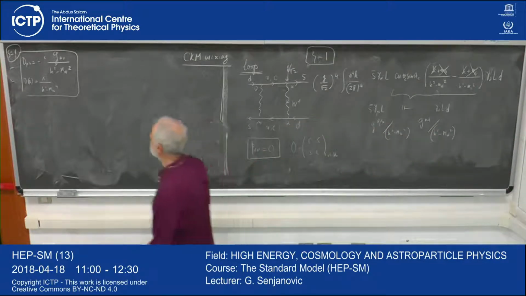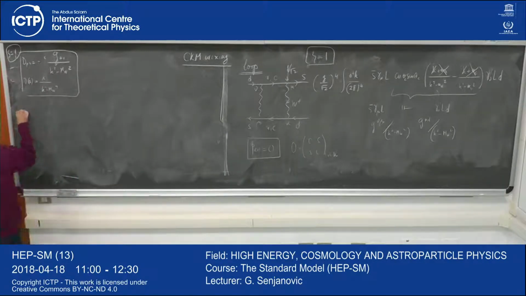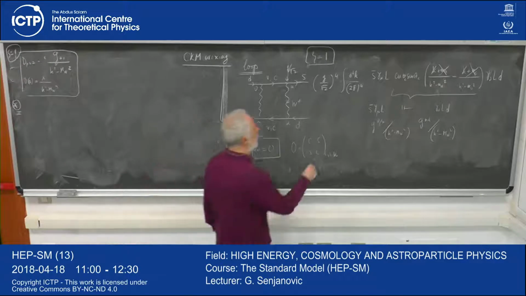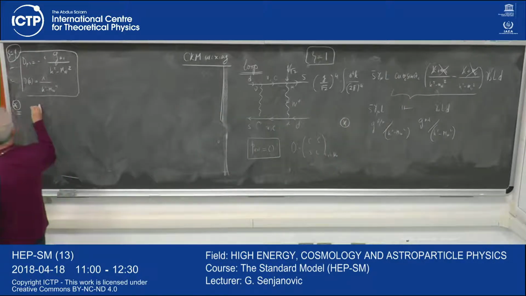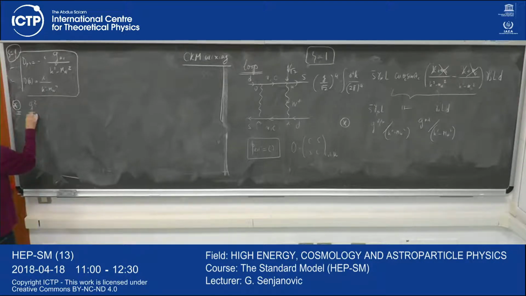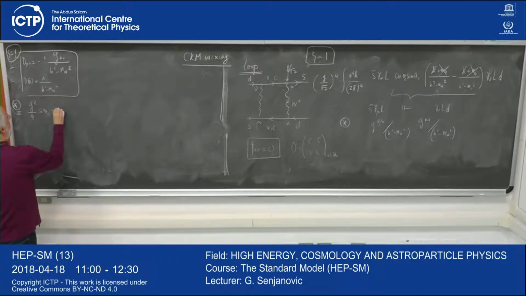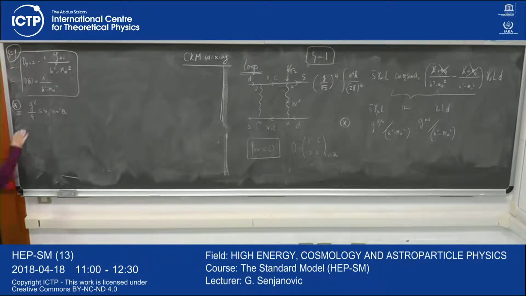So what we get here, this continues here. This is g squared over 4, then cosine squared theta Cabibbo, sine squared theta Cabibbo.